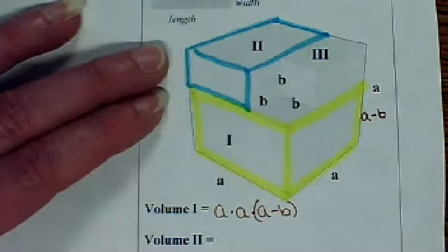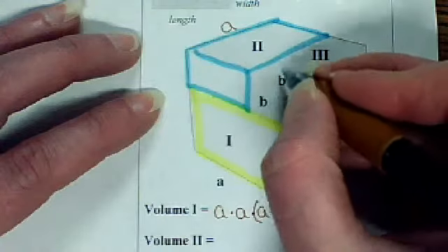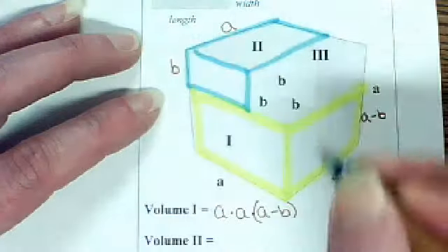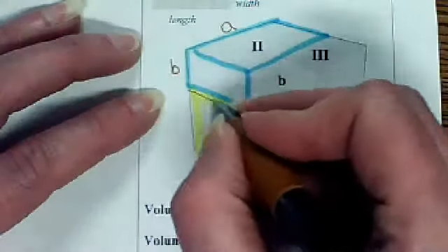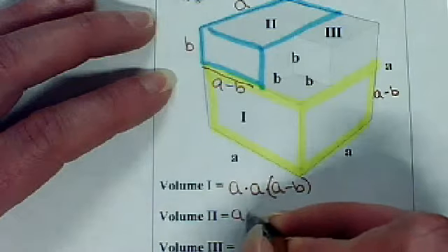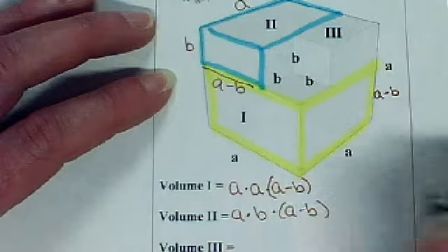This length going all the way across in that back would be A. From here to here, that's that height of the cube that was removed, that's B. And from here to here is just A minus B. So we have A times B times A minus B.